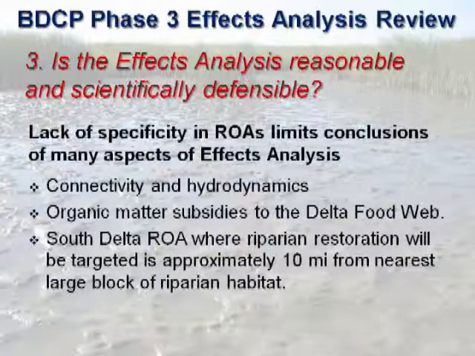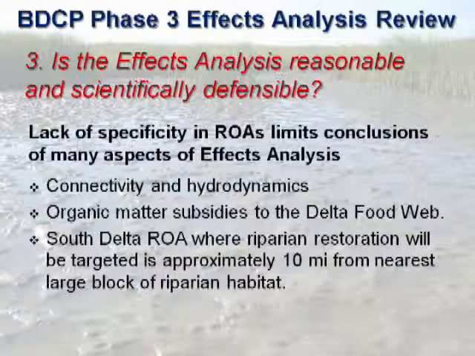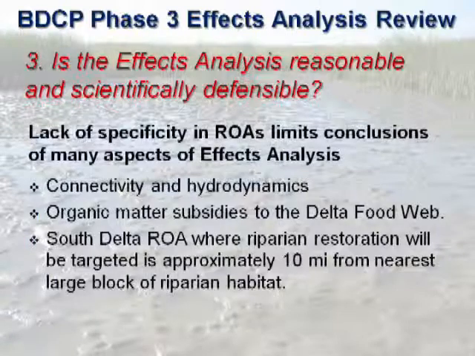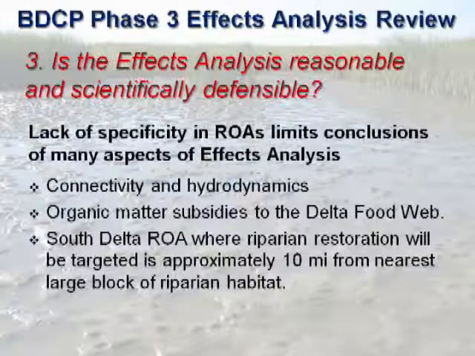So again, we can appreciate the reason behind some of the lack of specificity in the location and configuration of ROAs, but it's certainly going to limit conclusions throughout many aspects of the effects analysis. For instance, the implications for connectivity and hydrodynamics, and for instance, this suggestion that by restoring large areas of tidal wetlands we're going to produce a lot of organic matter subsidy for the food web.